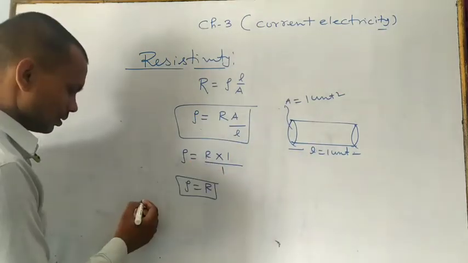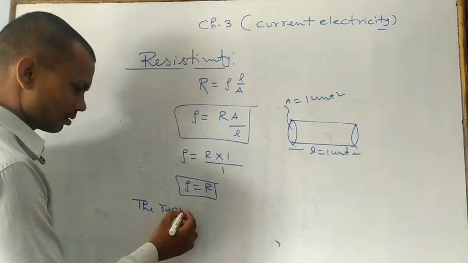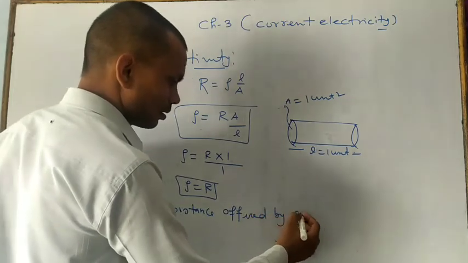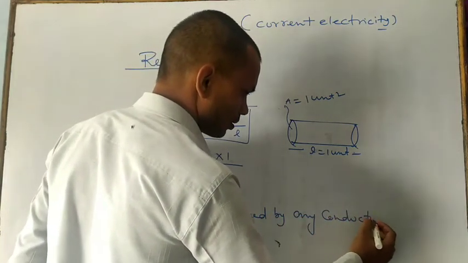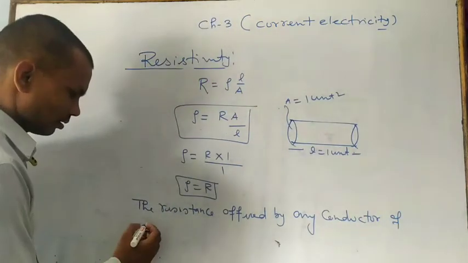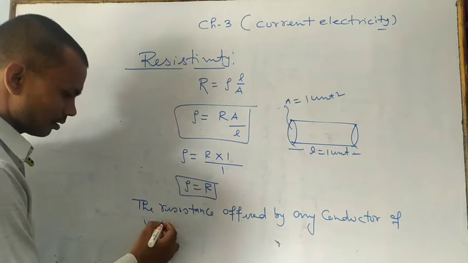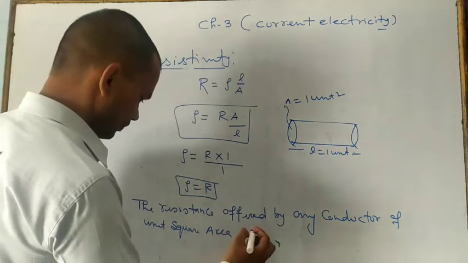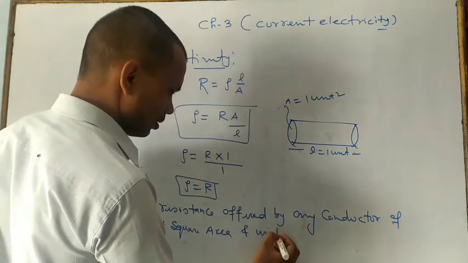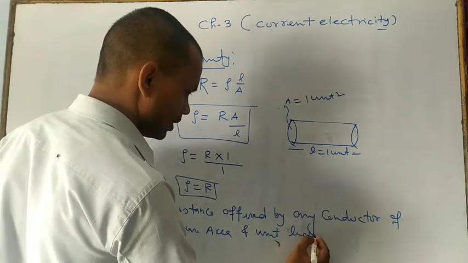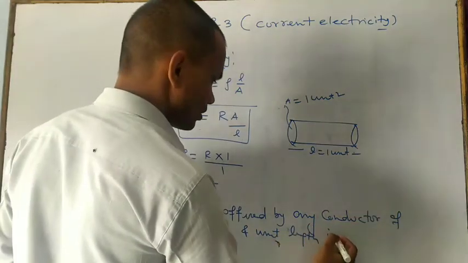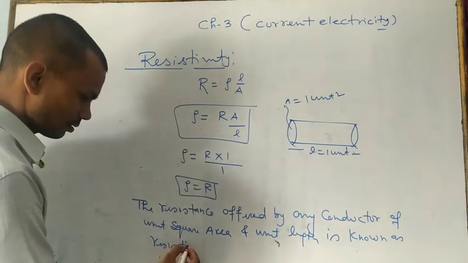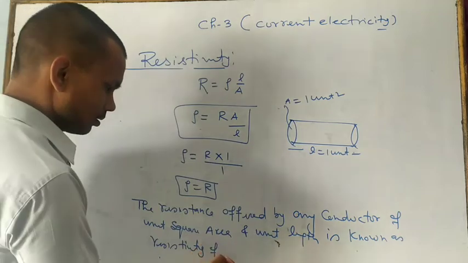So the resistance offered by any conductor of unit square area and unit length is known as the resistivity of the conductor.